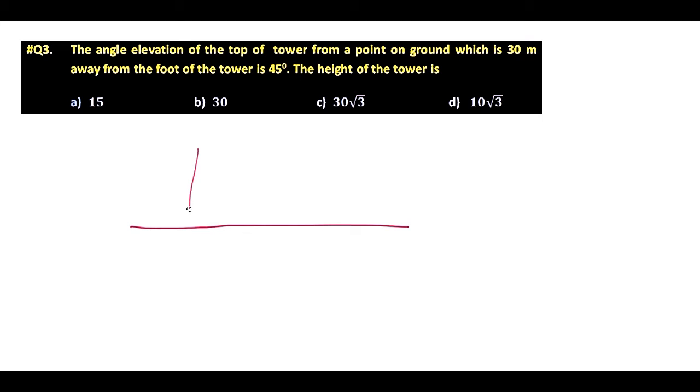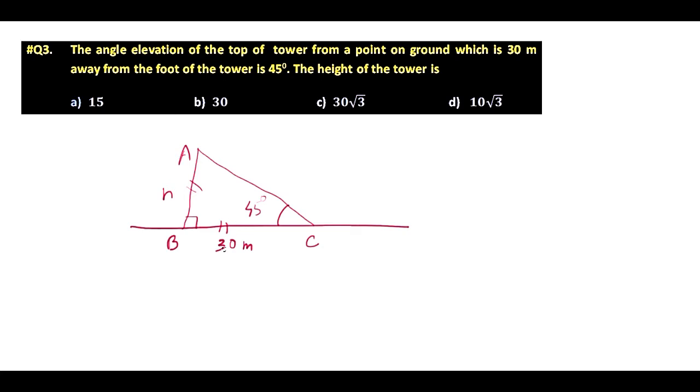This is the ground and this is the tower, right? And this height you have to find, and there is a point on the ground which is 30 meters away from the foot here. Then you have to find this height, and this angle is given to be 45 degree again.